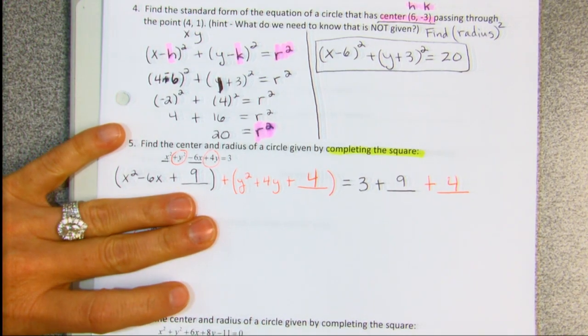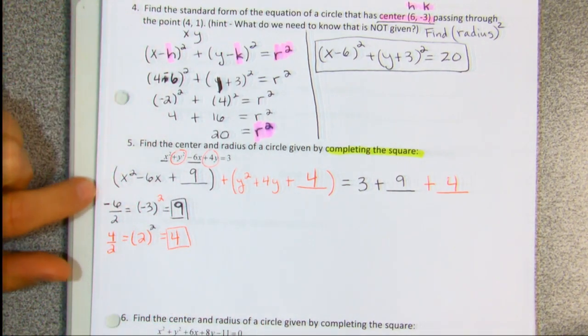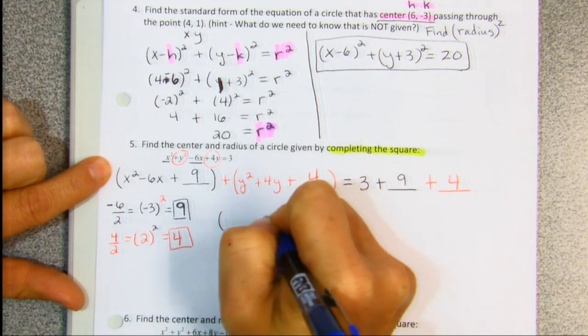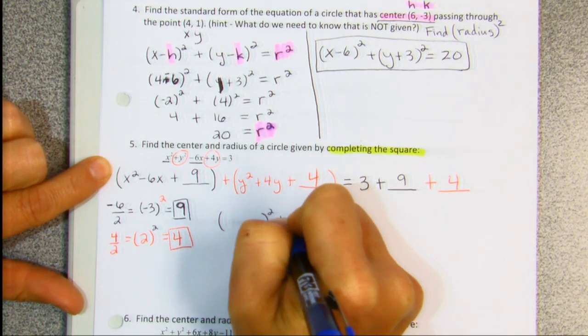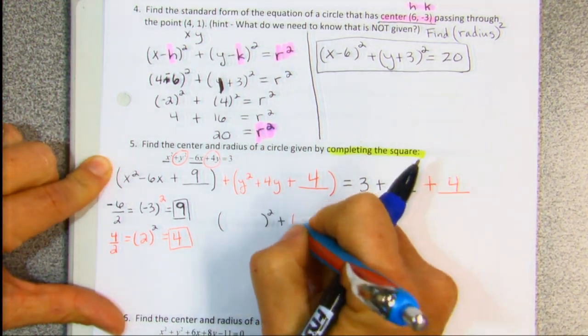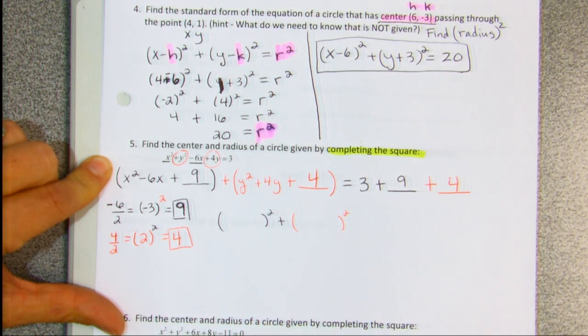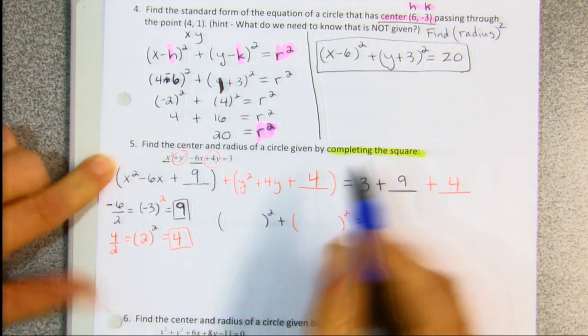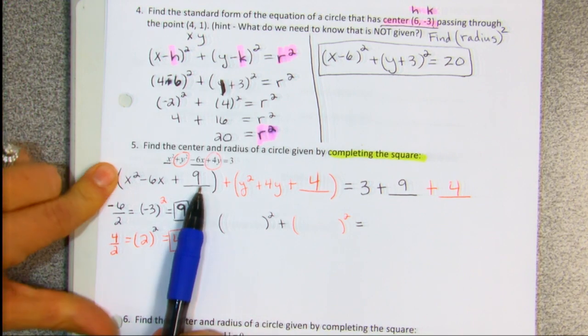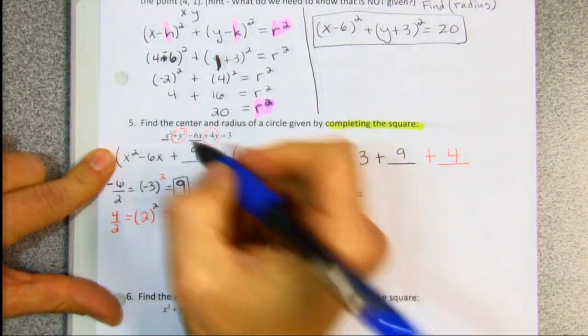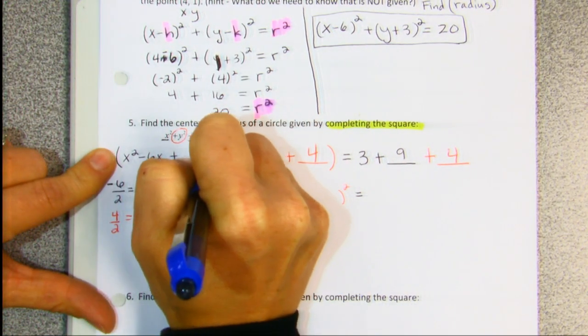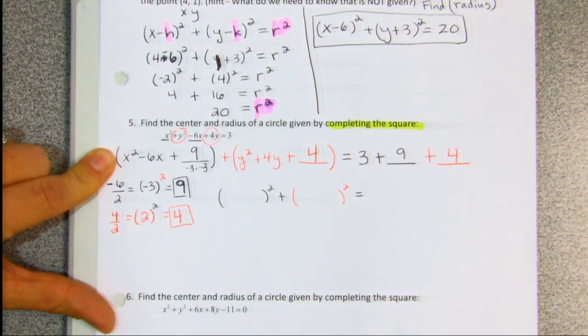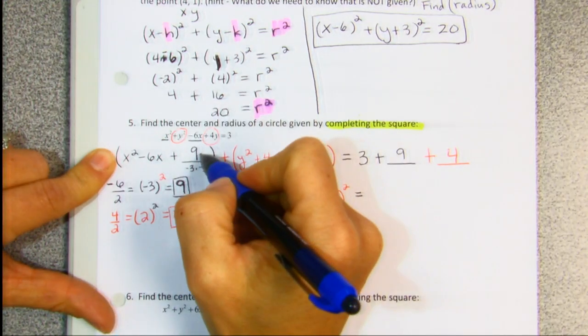So we need to go factor those to the binomial squareds, because you'll have a binomial squared plus a binomial squared. So let's think about that. If I were factoring this, think about factoring rules that you learned. If I took negative 3 times negative 3, that would give me a positive 9. You want to think what number times itself. When we talk about squares, we're talking about numbers that you're multiplying times itself. That would make a positive 9.